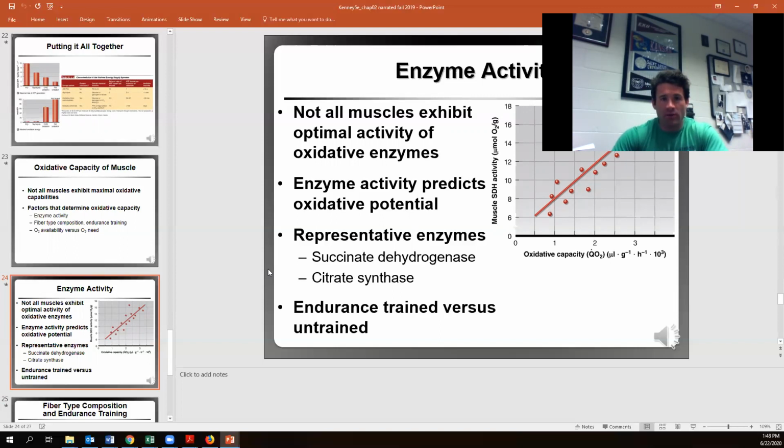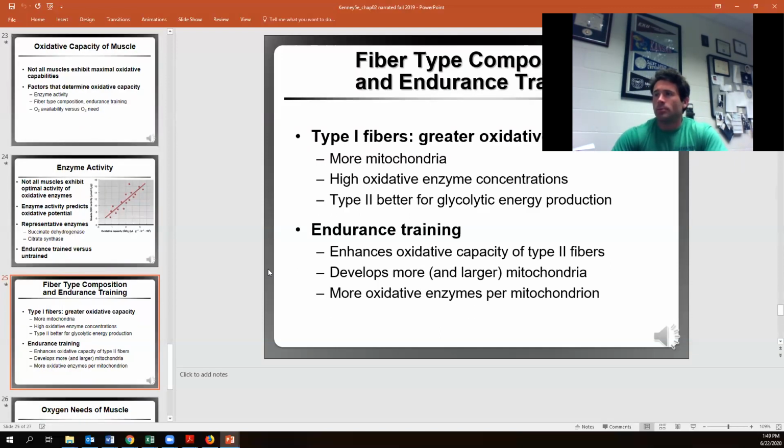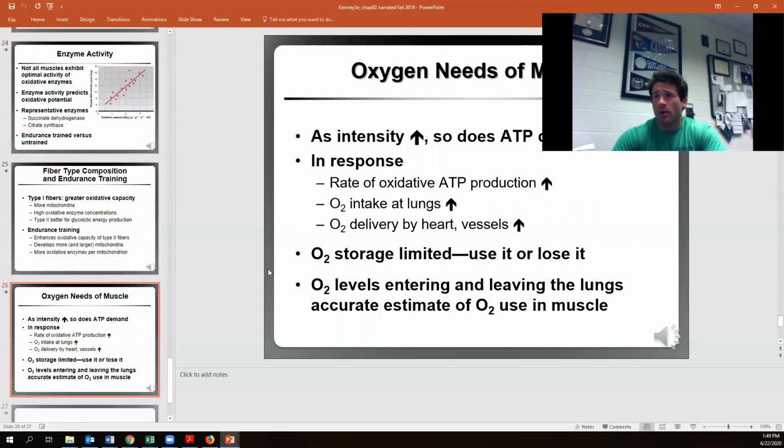It's the equivalent of having a factory. Each factory can only produce something at a certain speed. But if we build more factories, we can now create more of the same product within the same period of time. So, type 1s, aerobic. Type 2, anaerobic. Training is going to make them take on the characteristics of the other ones like we talked about.